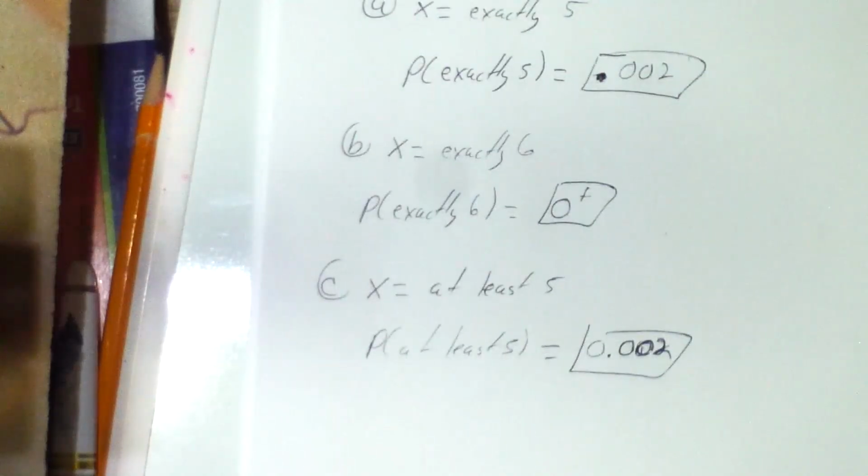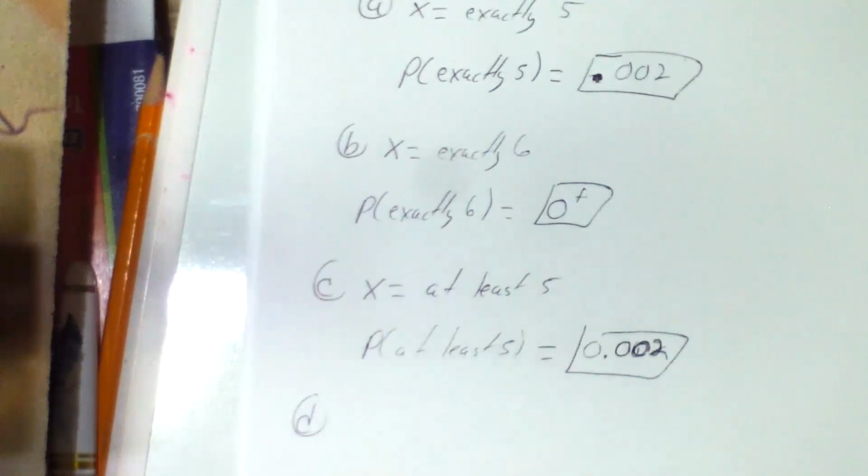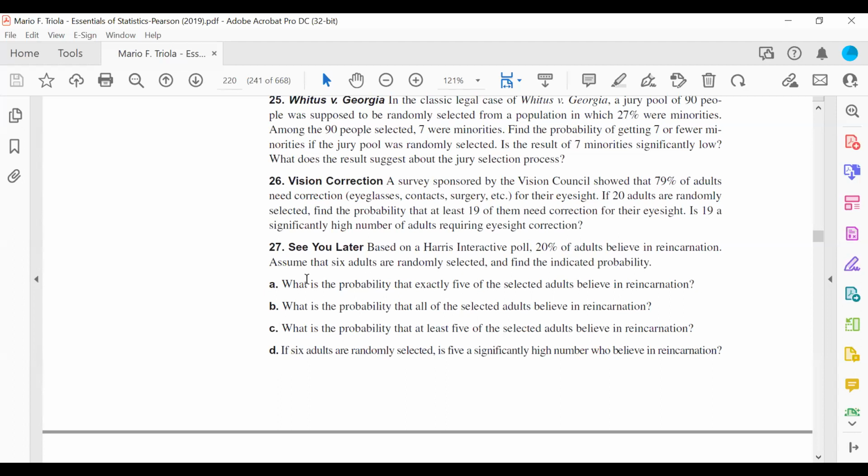And then D, I don't think it's asking for a probability. I think it's asking if 6 adults are randomly selected, is 5 a significantly high number who believe in reincarnation?